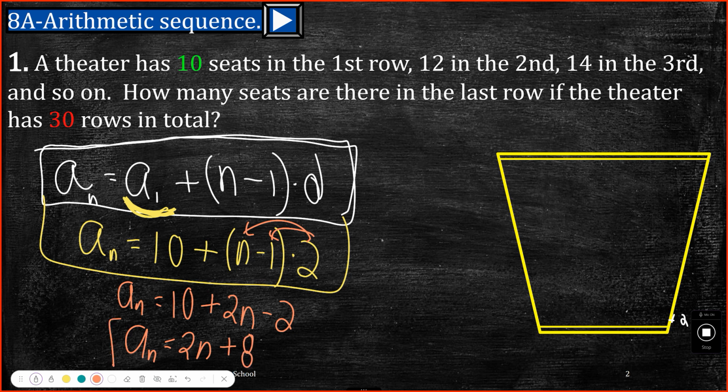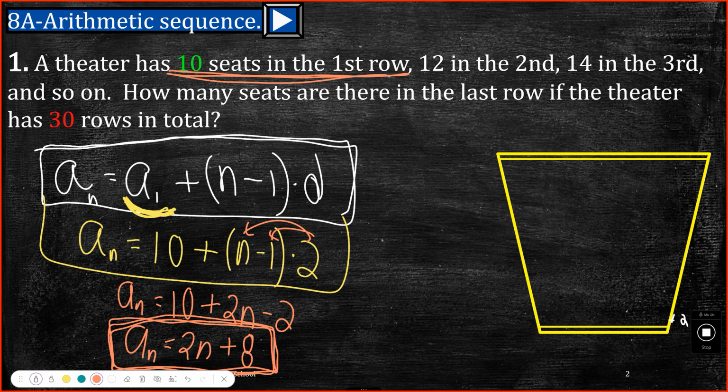Now, I am saying that this is the formula to getting the amount of seats in any row of this sequence. Let me test it for A1. The amount of seats in row 1, first row, there should be 10.